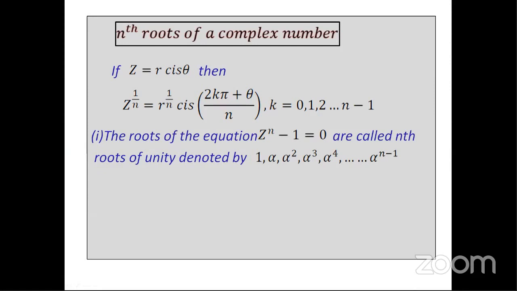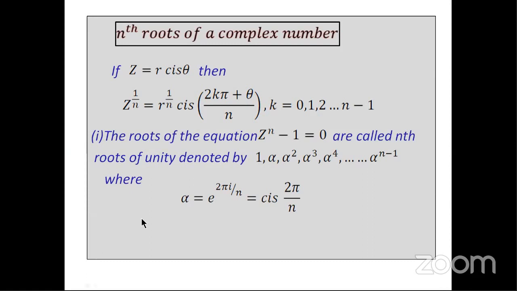Now, the alpha value is taken as e power 2 pi i by n, which is also cis of 2 pi by n. This is Euler's form. We have seen z can always be taken as e power i theta in Euler's form of a complex number.